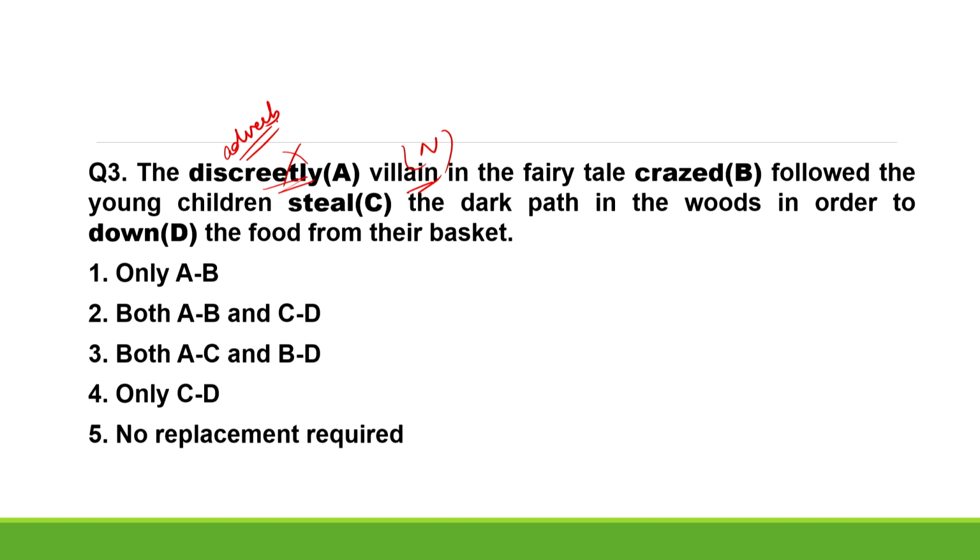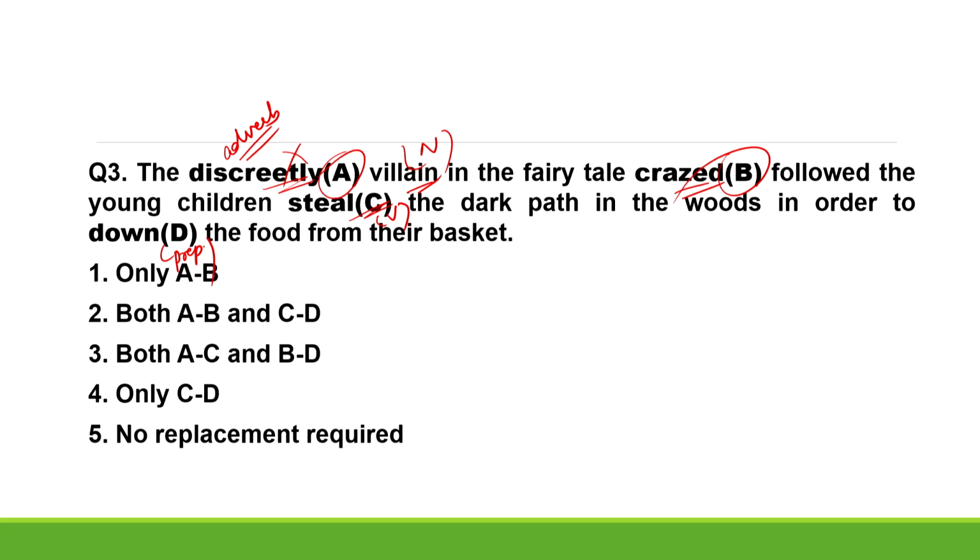So, among the given emboldened words, only crazed, meaning insane, is an adjective. Steal is a verb and down is a preposition. Therefore, clearly A and B must be interchanged.